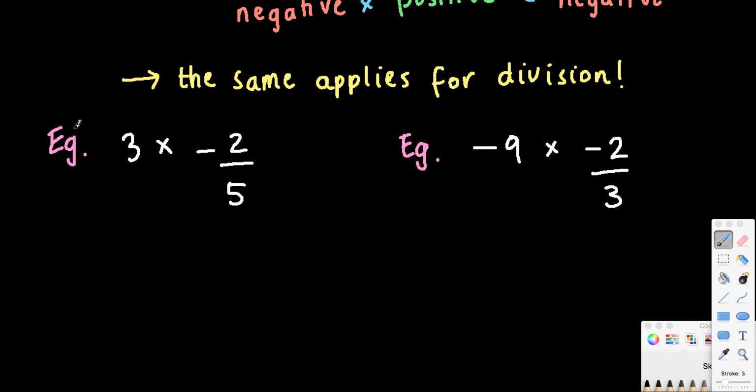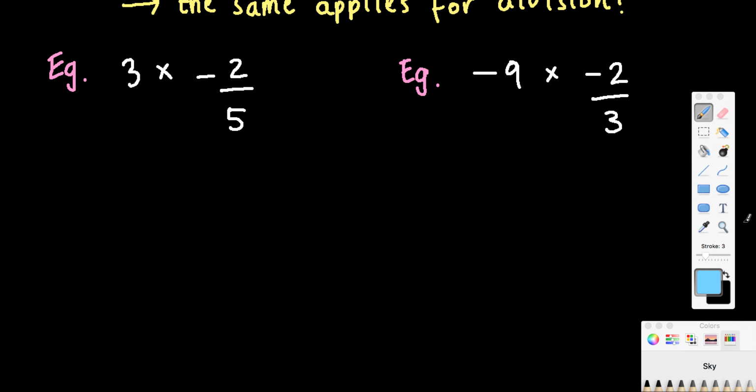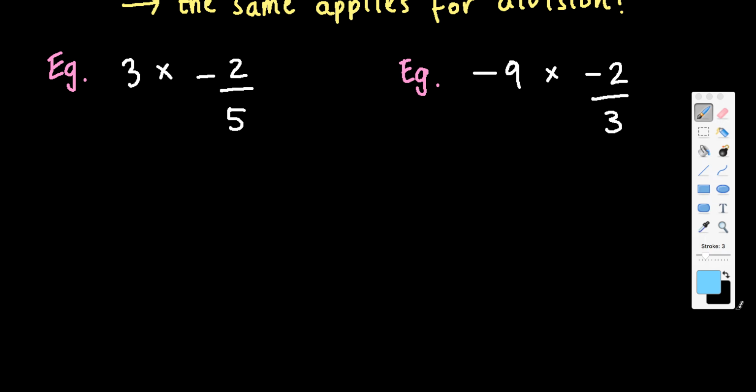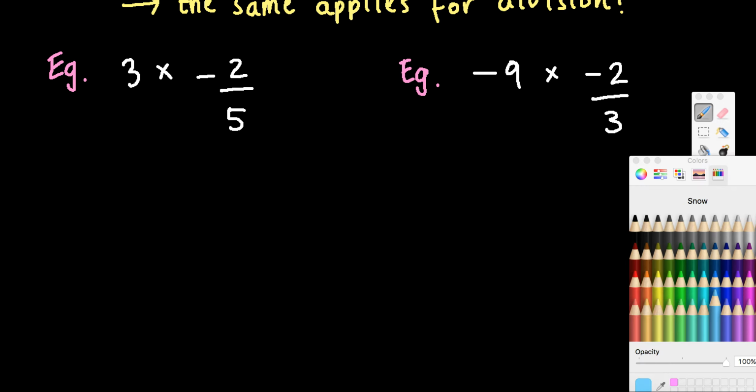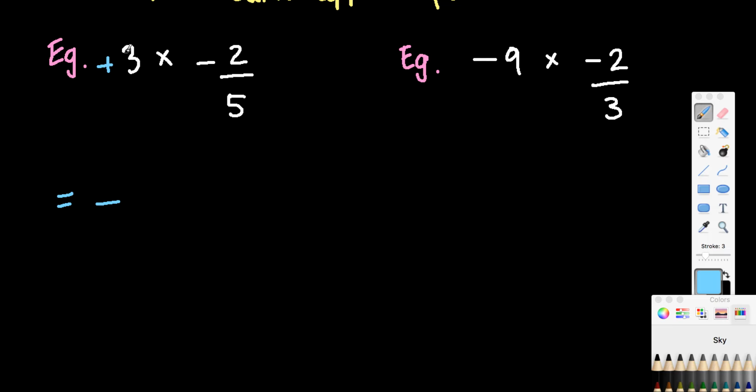So here's a first couple of examples where we are multiplying. You'll see that we do have a whole number to start off with. I've got a positive multiplied by a negative, so I am going to get a negative. If you want to, you can put your whole numbers over 1.